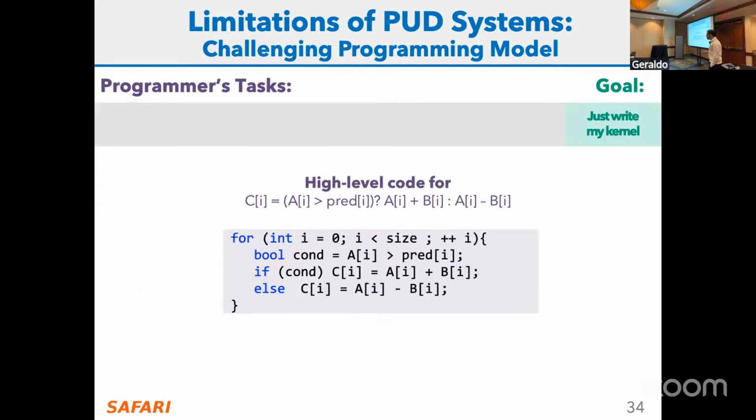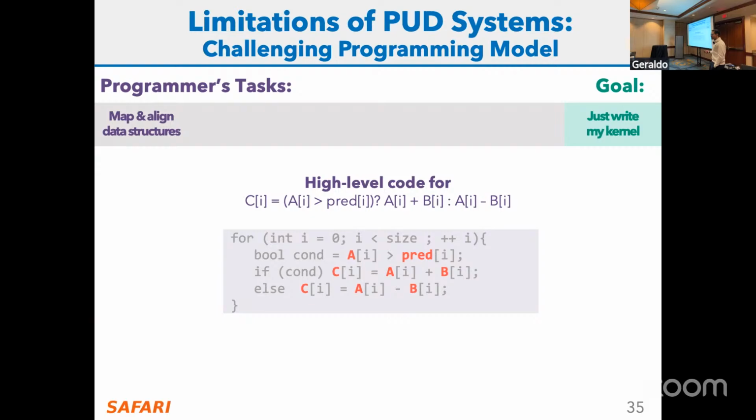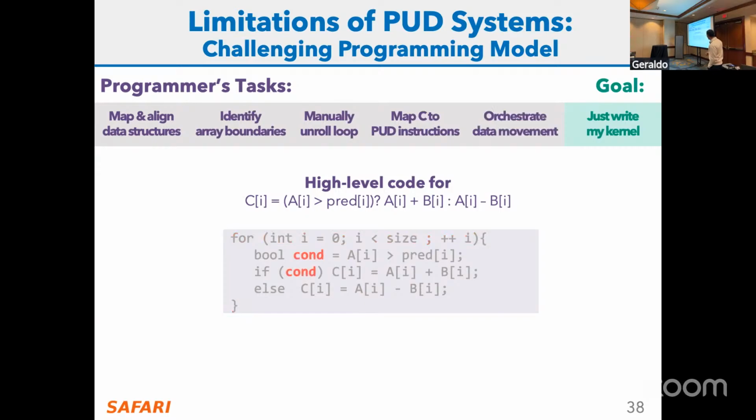Third, these have a challenging programming model. Here is another similar example of how you program the system. Basically, you as a programmer need to manually generate assembly-like program instructions for this framework, which means that you need to map and align data structures to subarray boundaries, identify subarray boundaries, manually unroll loops, map the C primitives to processing-using-DRAM operations, and also orchestrate data movement.